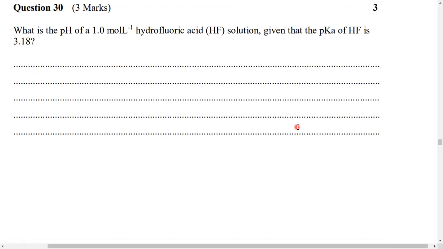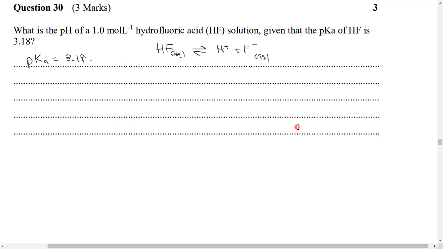This question now asks you to calculate the pH of 1 mole per liter of hydrofluoric acid solution, given that the pKa of HF is 3.18. Okay. So for 3 marks, we'll need to start with pKa. And we'll also recognize that hydrofluoric is a weak acid.